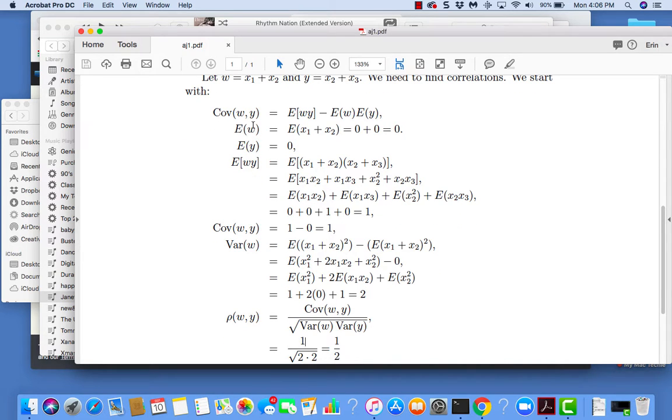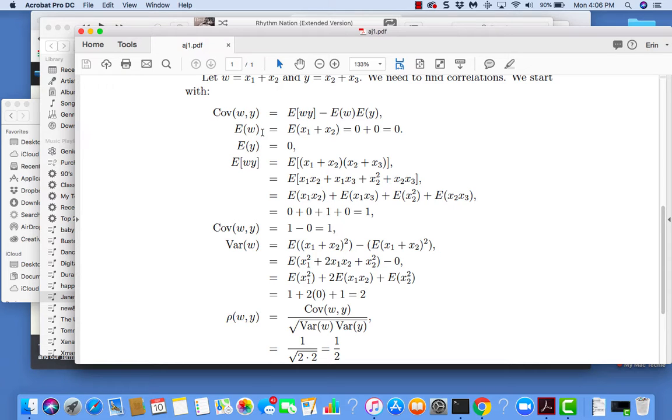So I have the covariance of w, y is equal to the expected value of wy minus the expected values. And let's see. All right. So when I look at these, I just kind of lost my place.